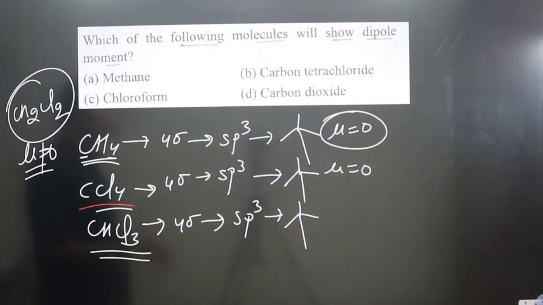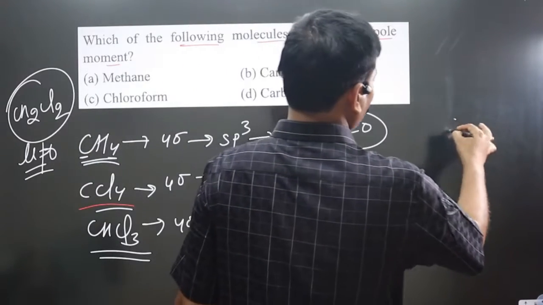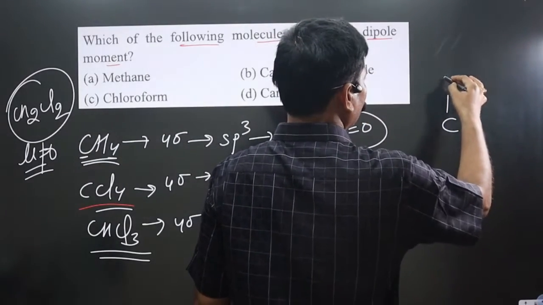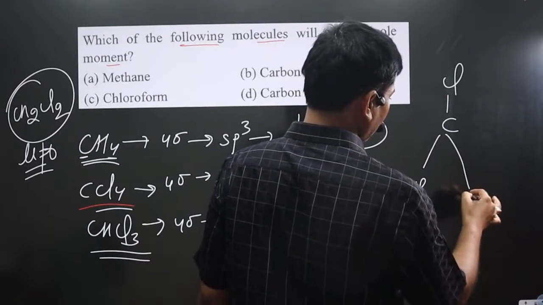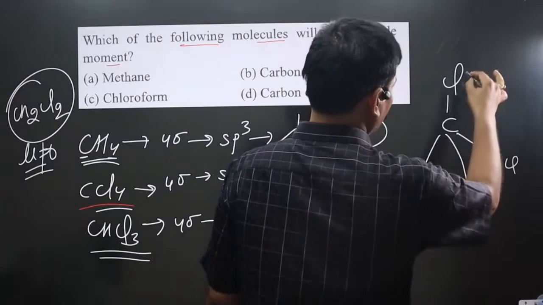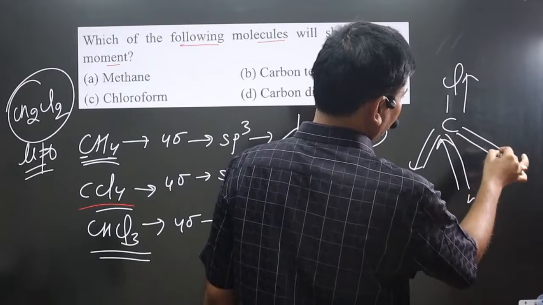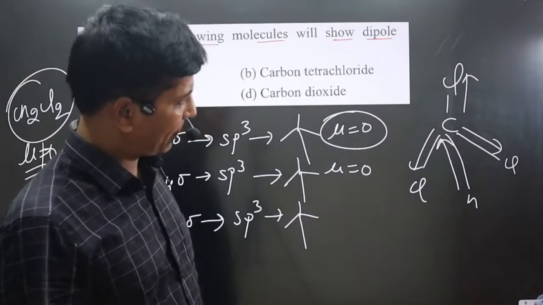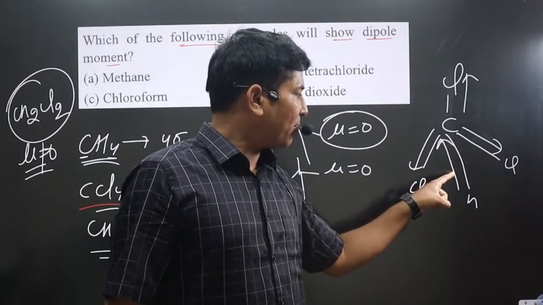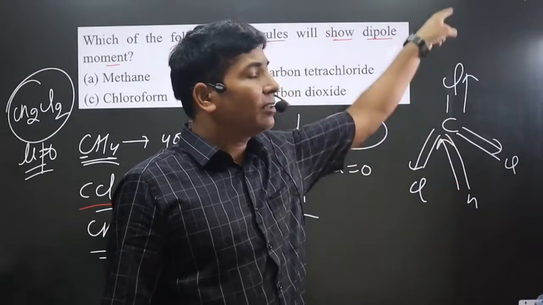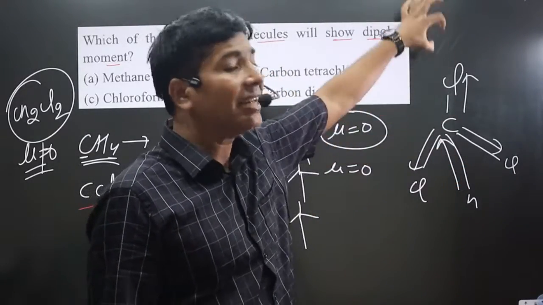But if we arrange these substituent groups, carbon is there, with Cl, Cl, hydrogen, and Cl around it. With the arrow marks, here we have the dipole moments. You can see these arrows going in one particular direction, adding up.